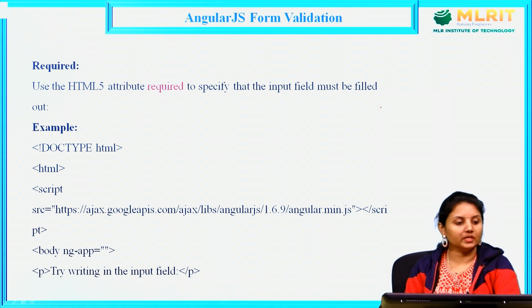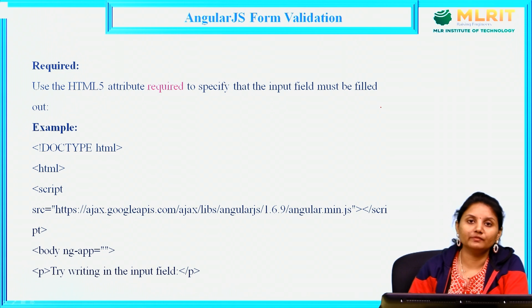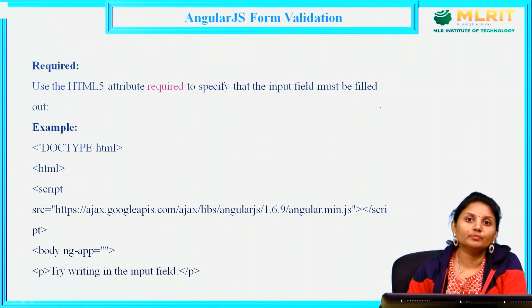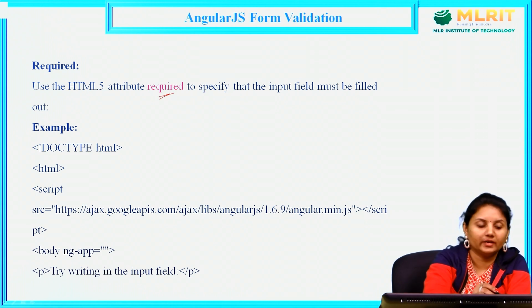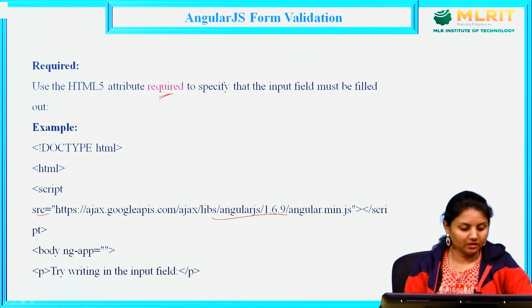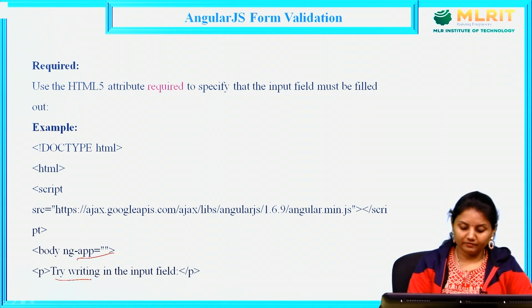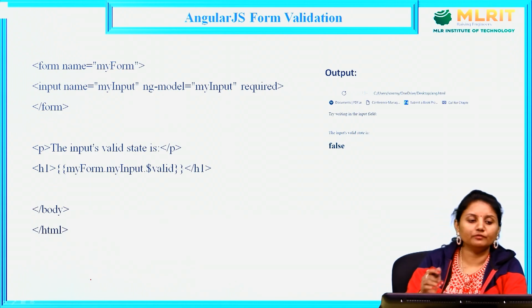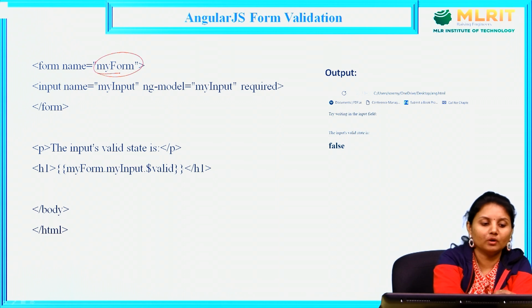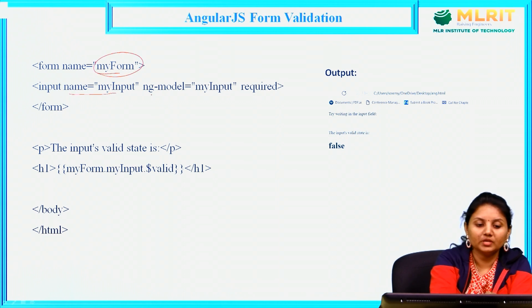So, required means, whatever fields you have created in the form, which fields are very important and cannot be skipped, that will be required. The script part we have given with the link here, then ng-app, then a paragraph. The form name we have given as myForm, the input name is myInput, ng-model myInput, and it is required.